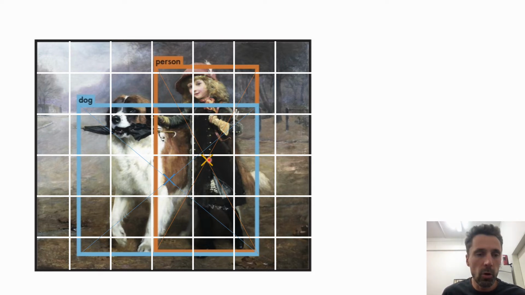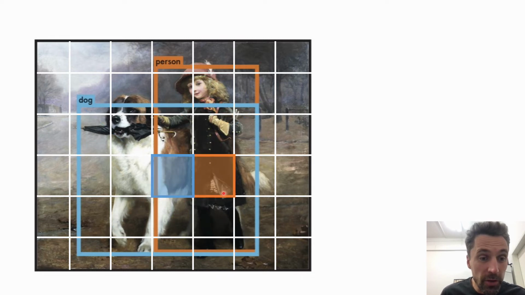So I just added that nice figure here that is from the original YOLO paper, like the center point detection. And so these 2 grid cells are responsible.